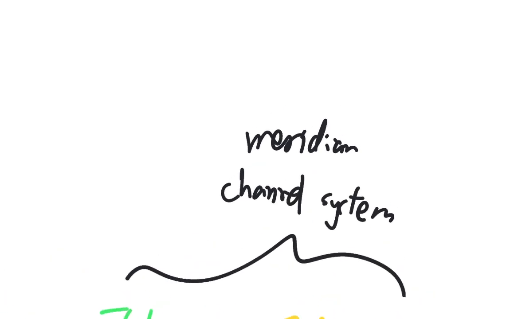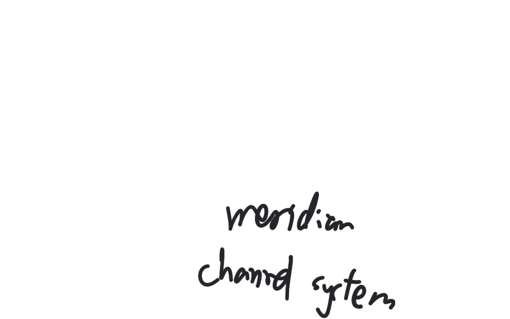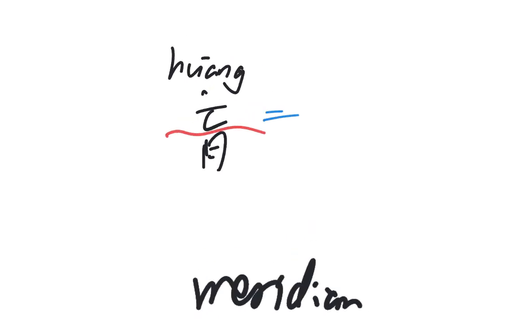In fact, three acupuncture points all contain a character called Huang. Again, if you want to know what it means, we can break down the character into the respective parts. The first character means death.